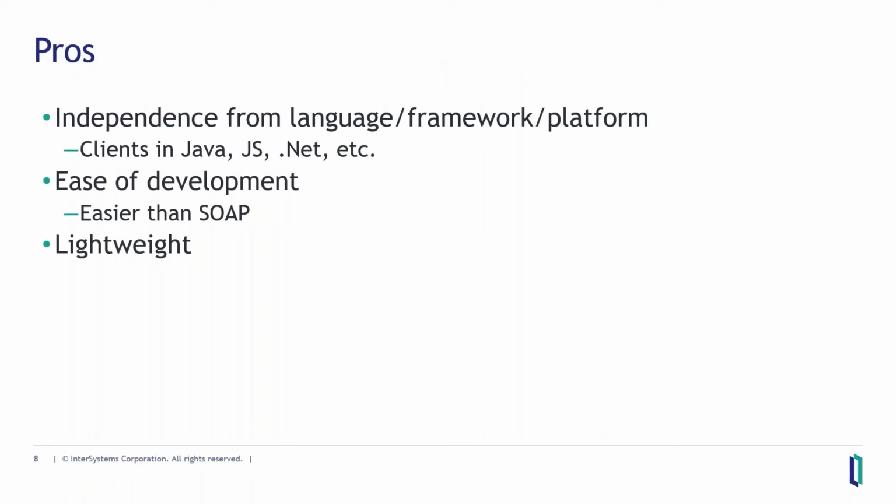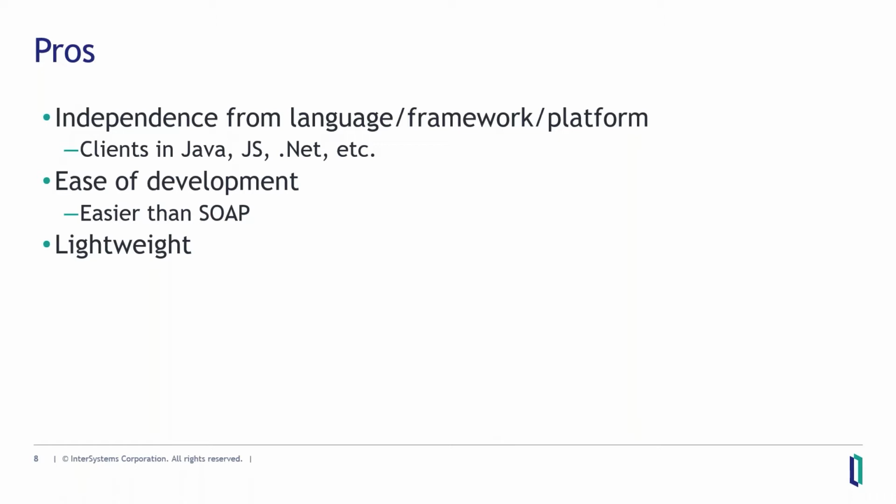Why did REST become so popular? There are many reasons which could be stated, but here are some of the advantages. First of all, it's independence from about anything: language, framework, platform.